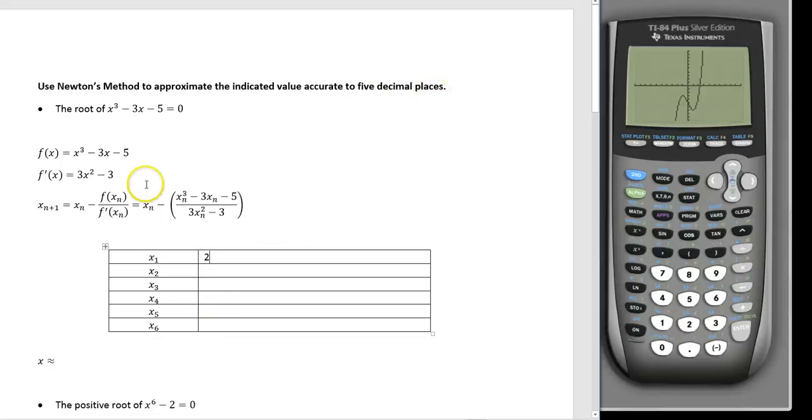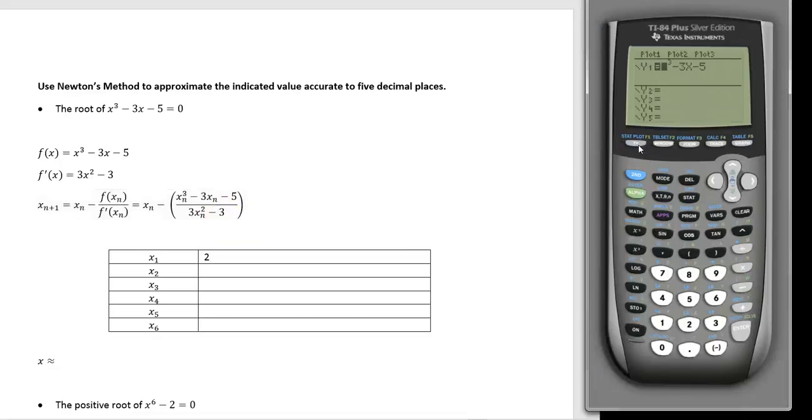So I need to enter this xn minus the f of xn over f prime xn into my calculator in the y equals. So clear out whatever's there, and then we have x minus, and a very important thing when you're entering this is to use parentheses appropriately. So I'm going to put parentheses around this entire function that is in the top.